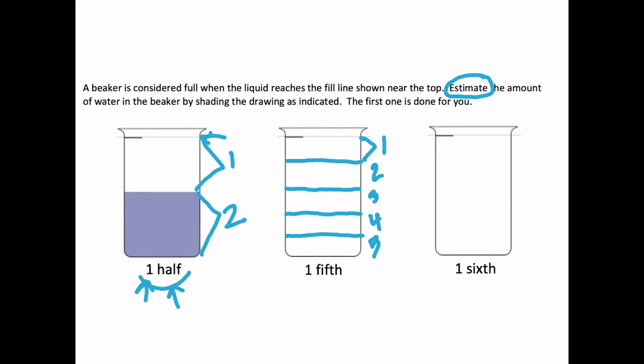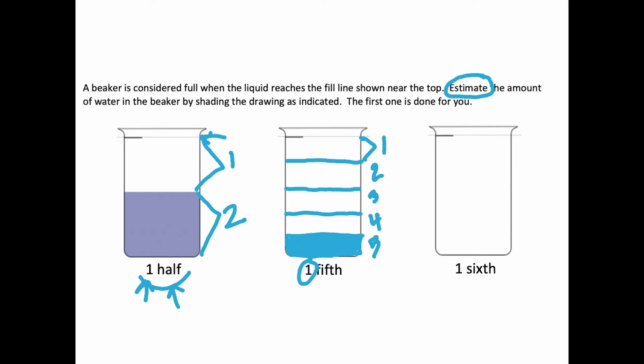All right, so that step is done. The next step I need to do is shade in one of those parts. That's my unit fraction here, 1/5. So I am going to shade 1/5. There we go. All right, let's do the next one.